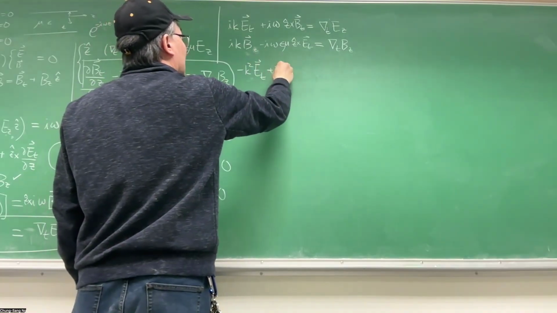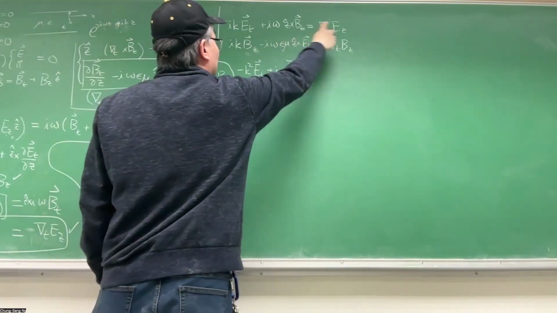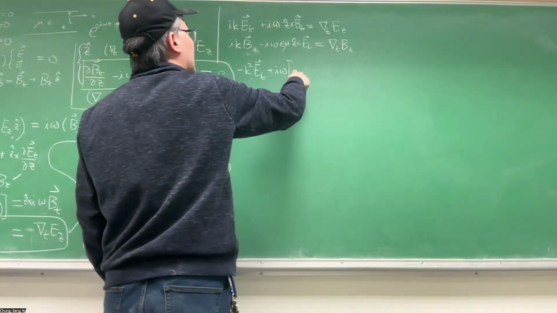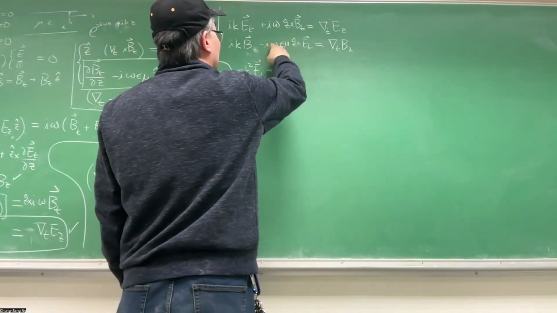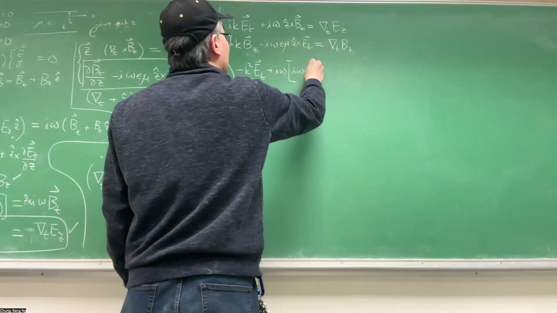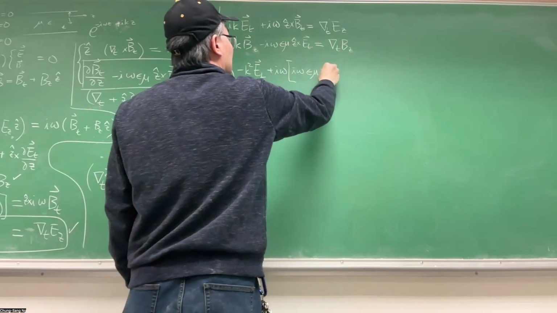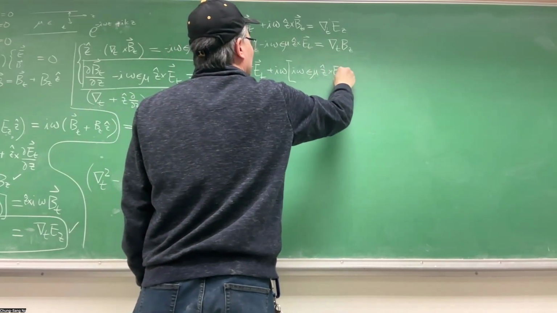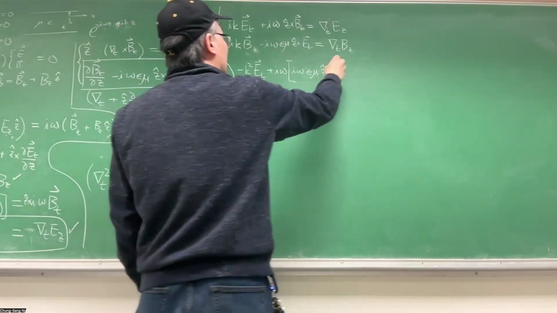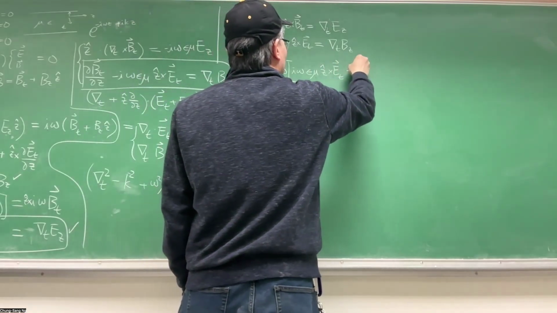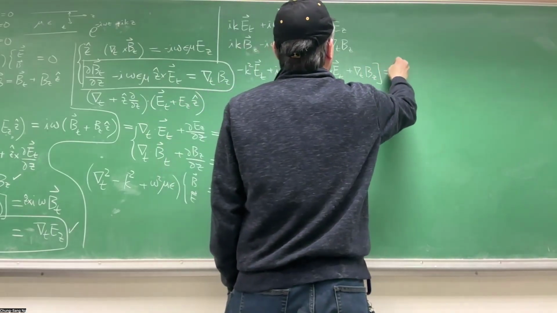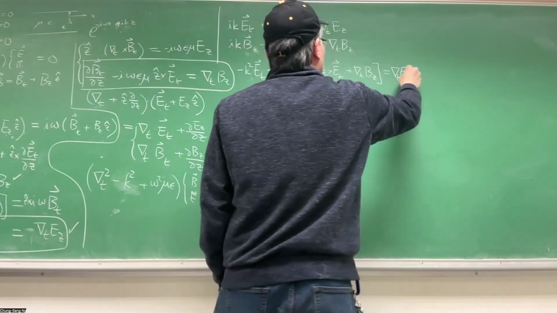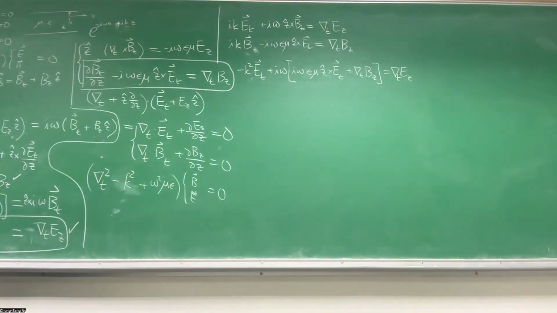In the second equation, i omega, and then put this to the other side, plus this, and go into here. So that would be i omega mu, t, and then plus. Okay, so that's not too difficult.